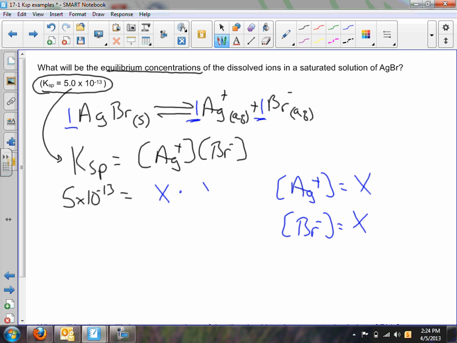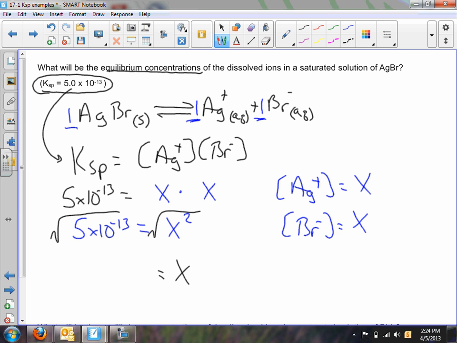So I can plug in an X right there for the bromide as well. I now end up with my KSP, 5 times 10 to the negative 13, equal X times X. And X times X is X squared, not 2X, it's X squared. And then to solve for X, all you have to do is square root both sides.